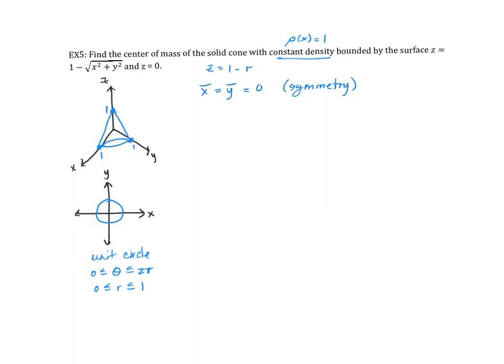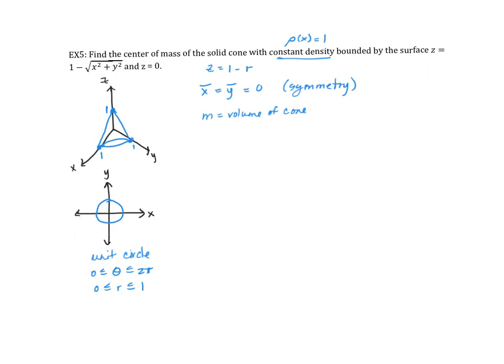Now, I could compute the mass by looking at the triple integral, but remember my density function is 1. So a triple integral with an integrand of 1 is just computing the volume. So in this particular case, my mass is actually going to be the volume of this object, which is simply a cone. So I don't have to use a triple integral to figure out what my mass is.